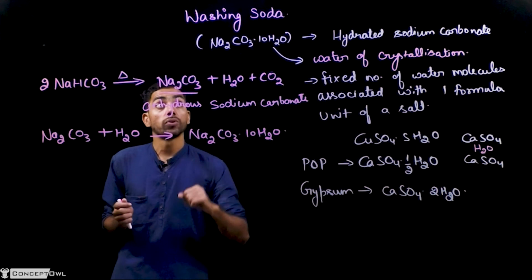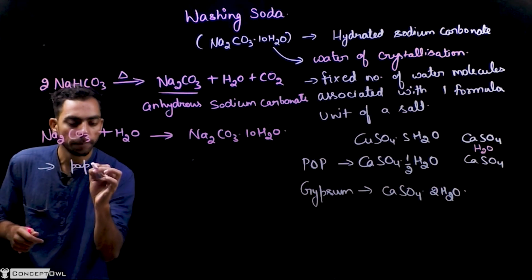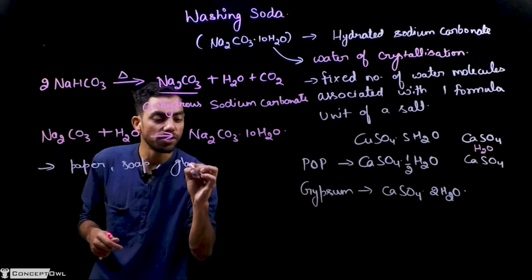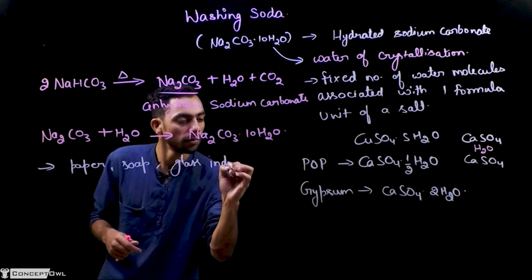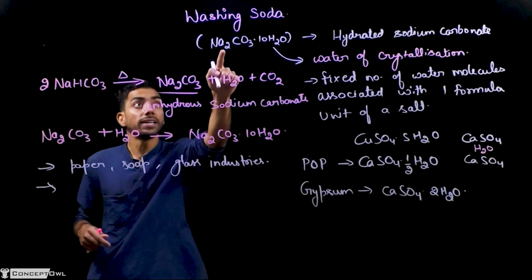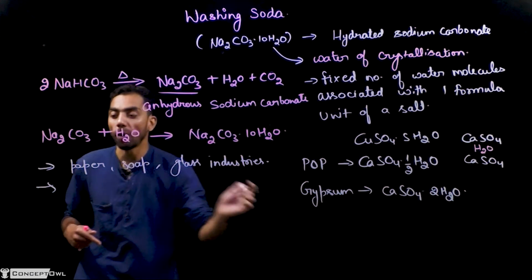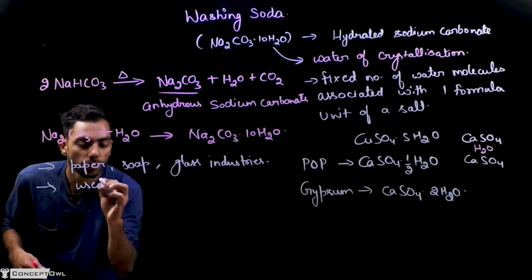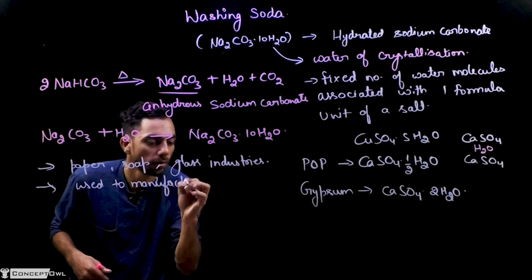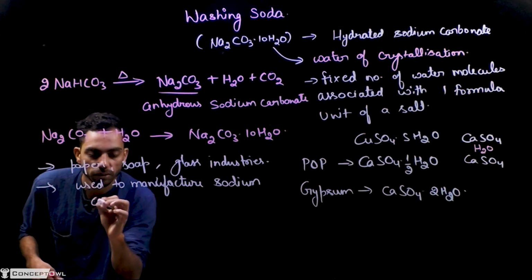Now there are so many uses of washing soda. This washing soda is used in the paper industry, the soap industry, and the glass industry too. Washing soda contains sodium, so it is also used to manufacture sodium compounds.